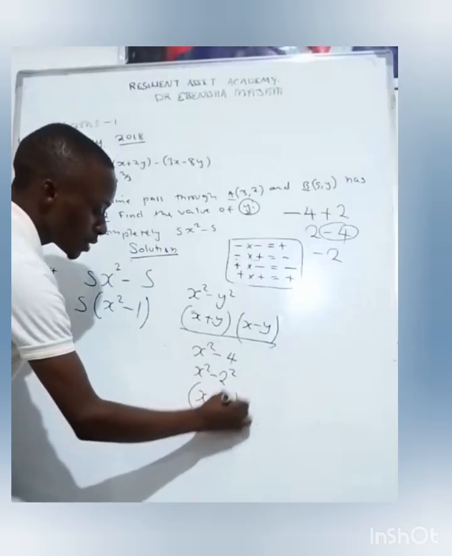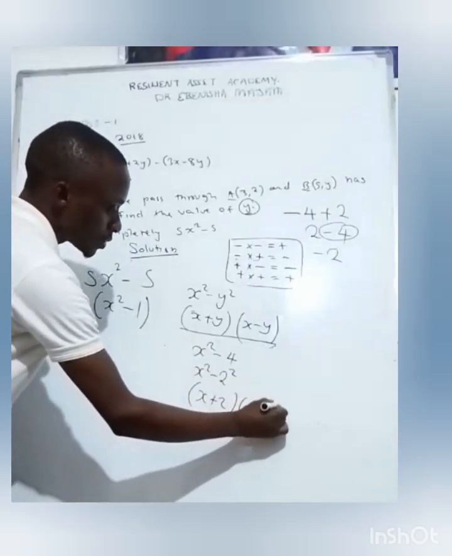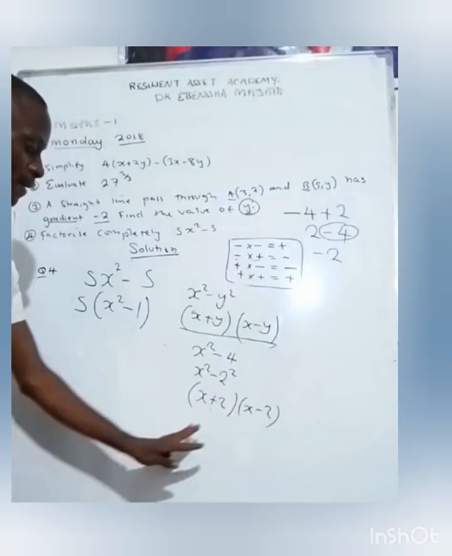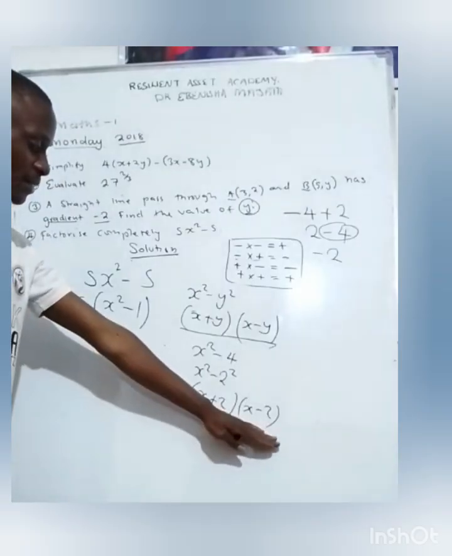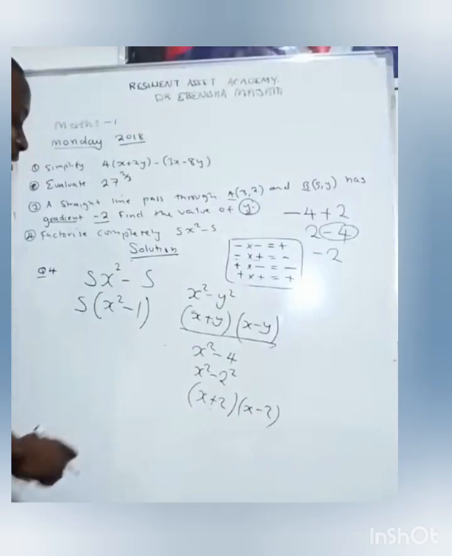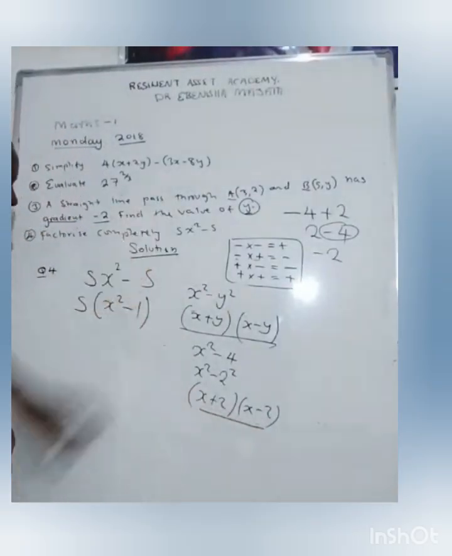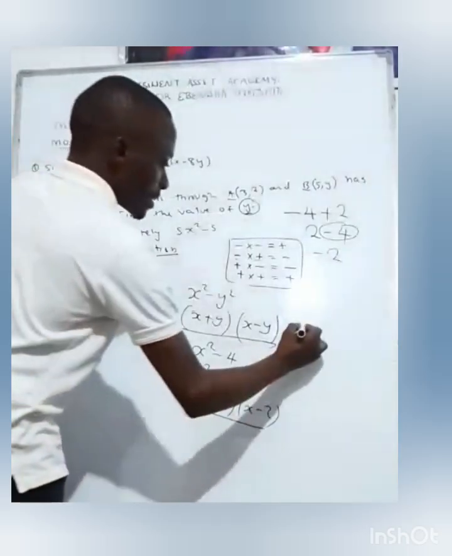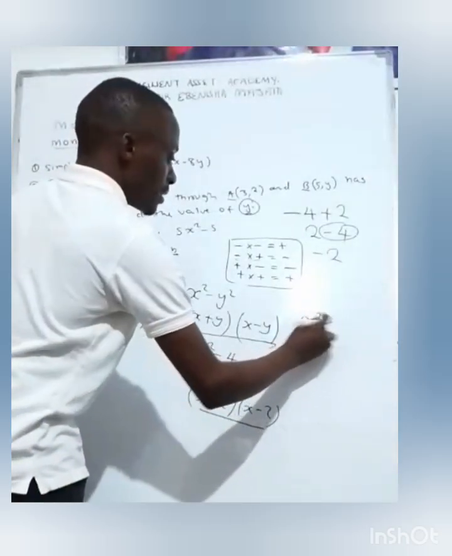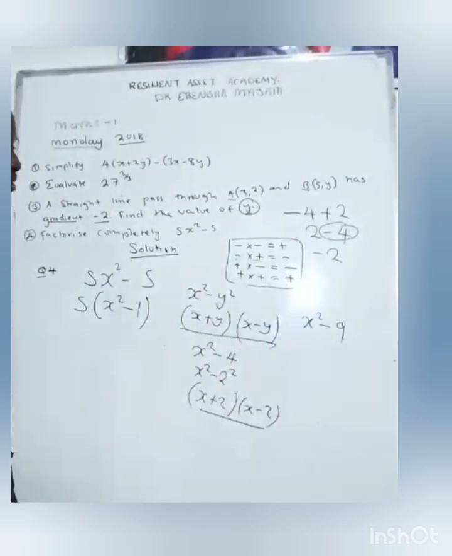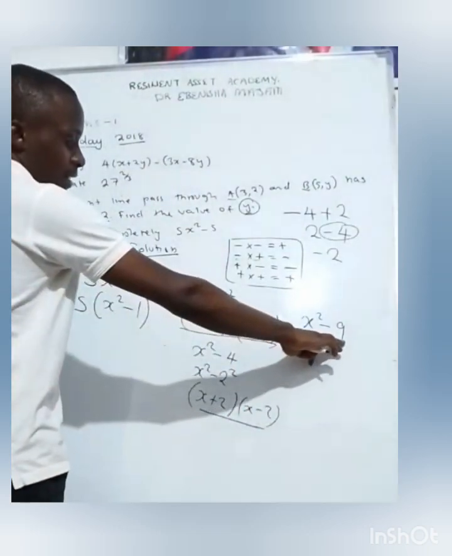Again, if you have two numbers that are both squared, and there is a minus in between them, then you can go ahead and apply difference of two squares. So that means you say x plus 3 and x minus 3.